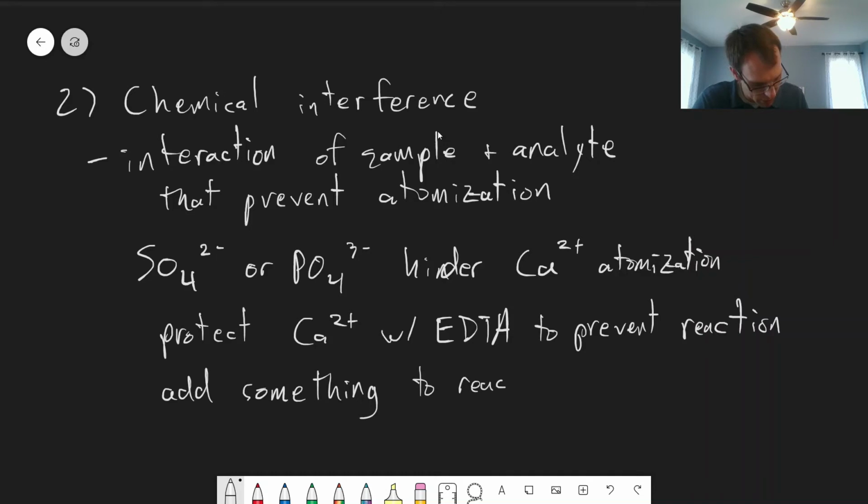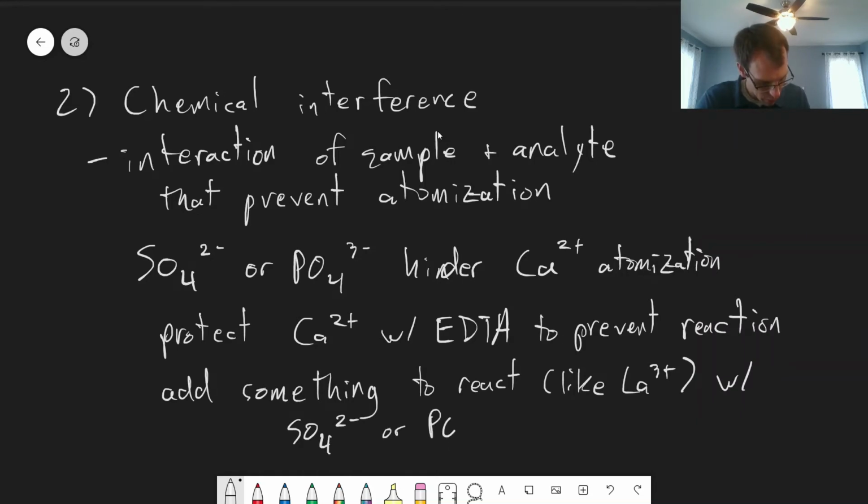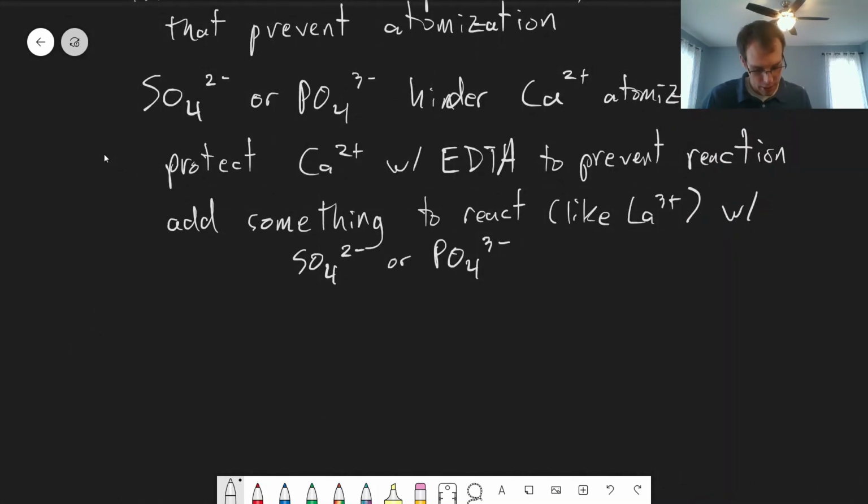And this is just one specific example. This is the sort of process you would go through for other atoms as well. All right, add something to react, like lanthanum, with sulfate and phosphate. So you basically get rid of them, and they won't cause any additional interference. One other possibility is to run at higher temperatures.